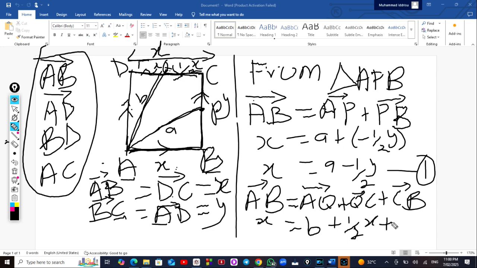CB is negative BC, so that is negative Y. So we can say that X is equal to B plus half X minus Y. This is our second equation.